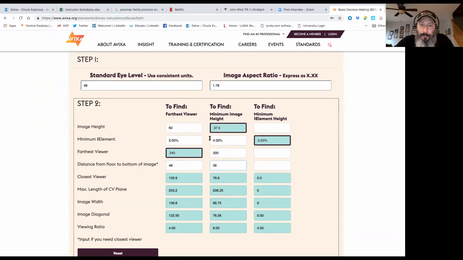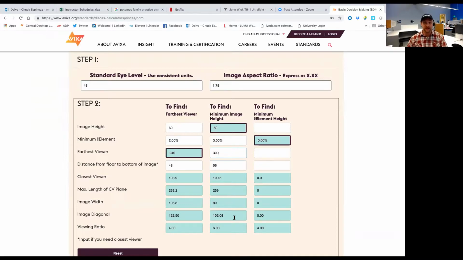If I kick this down to 3%, well, now my numbers have changed. I need a 102-inch diagonal. Right. So this is going from flat panel territory to projector screen. Yeah. So this is where I can work with my client and say, okay, they might not have room for a 102-inch diagonal.